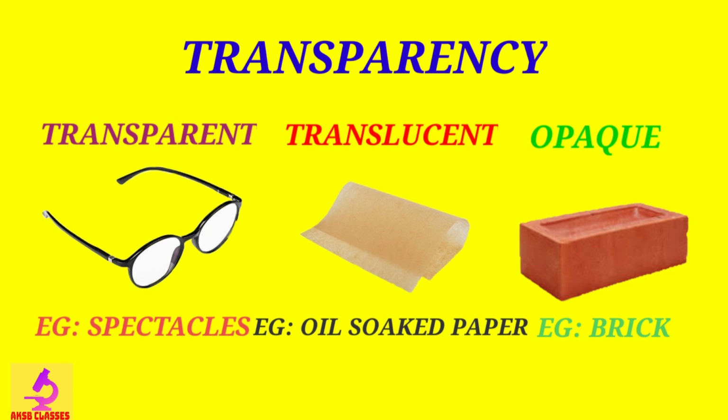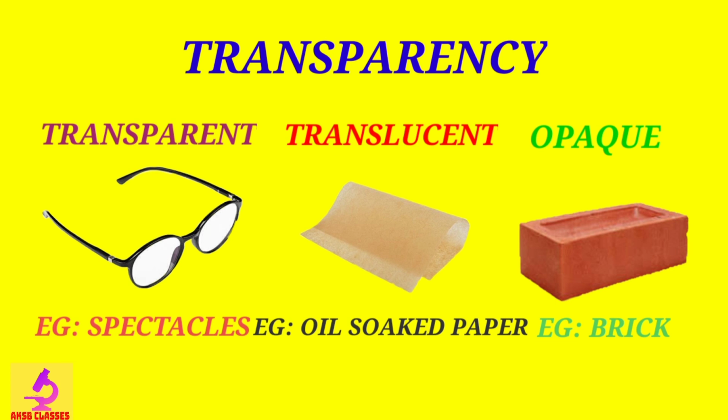If the light cannot pass properly, then that substance is known as translucent. If you put 2 or 3 drops of oil on a simple paper and leave it for some time, the oil will soak into the paper. So we can say oil-soaked paper is an example of translucent.